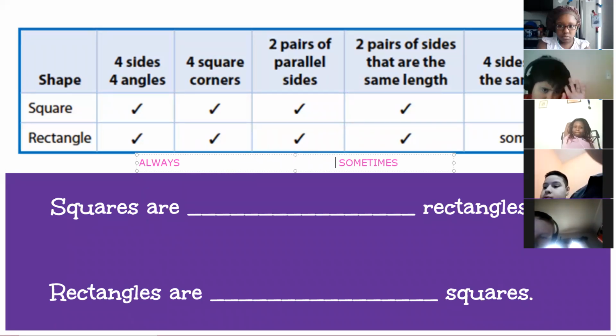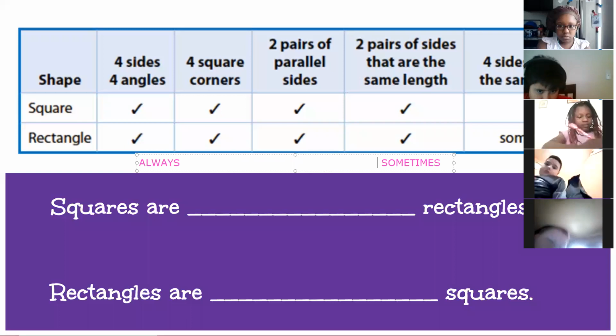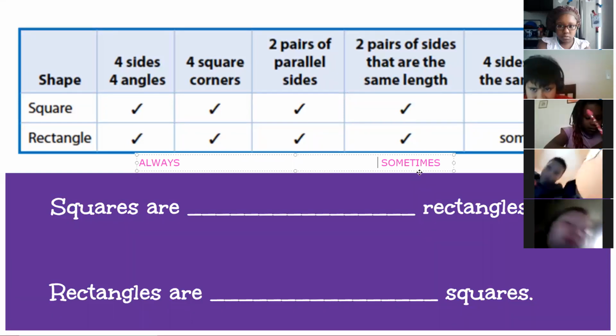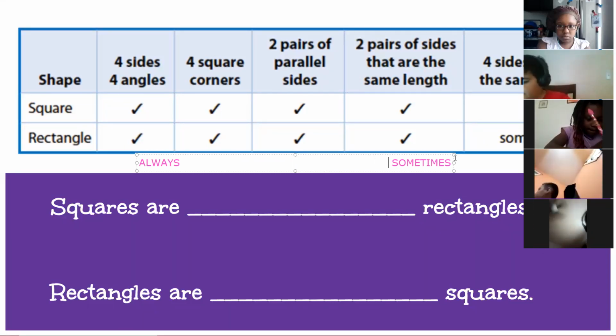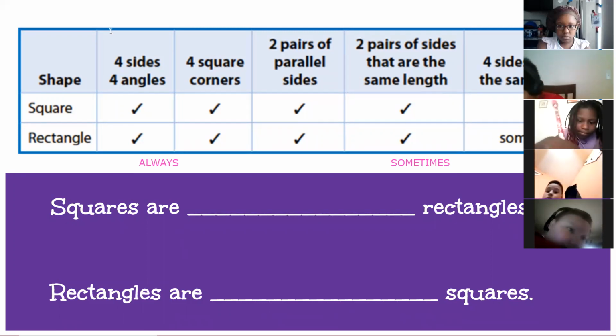So on a piece of paper, go ahead and write down: squares are blank rectangles. Rectangles are blank squares. You have two words to pick from: always or sometimes. Where does always go? Where does sometimes go? I'll give you a minute of work time.